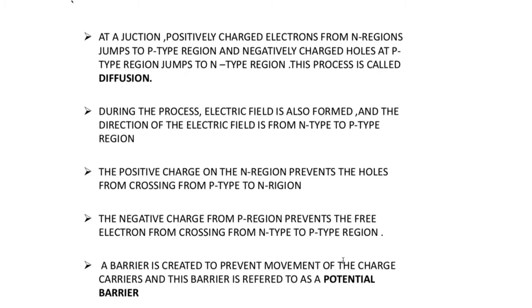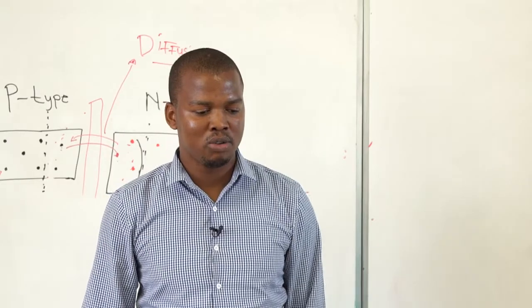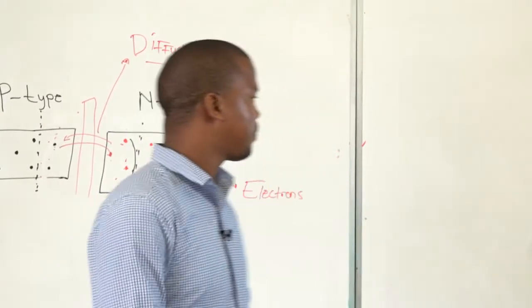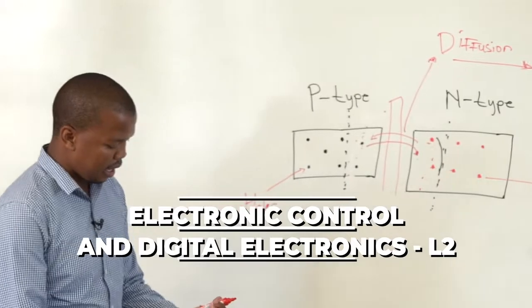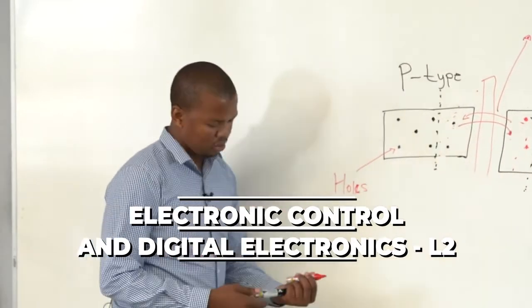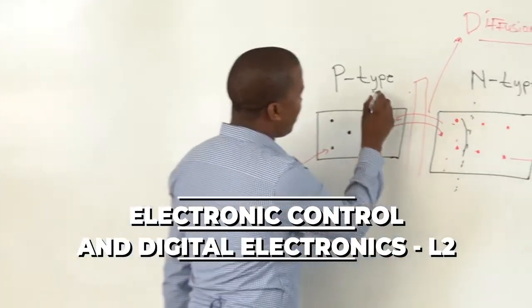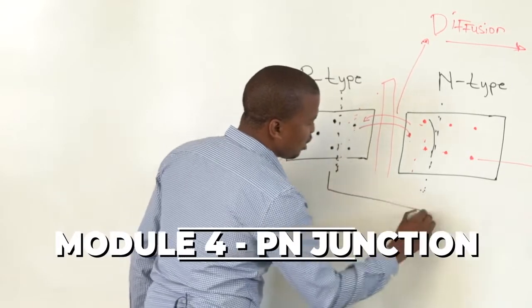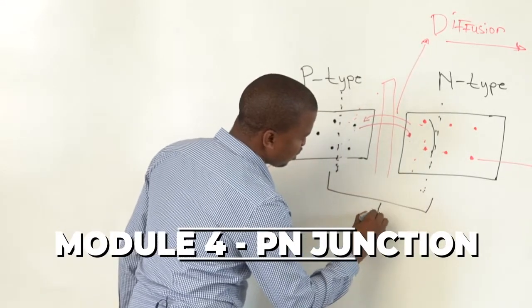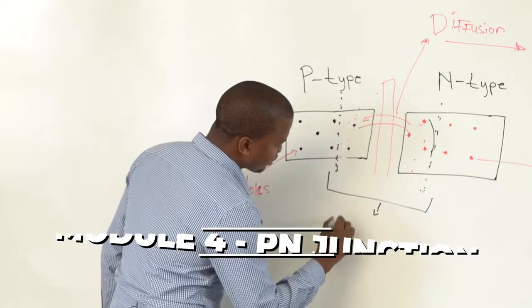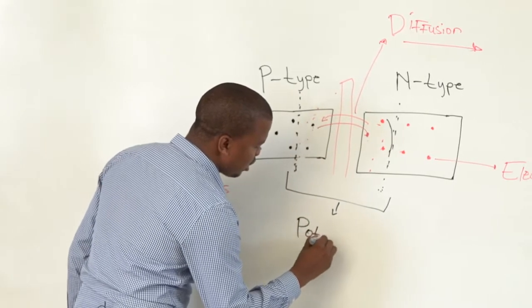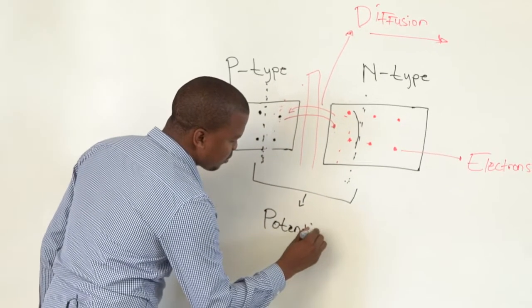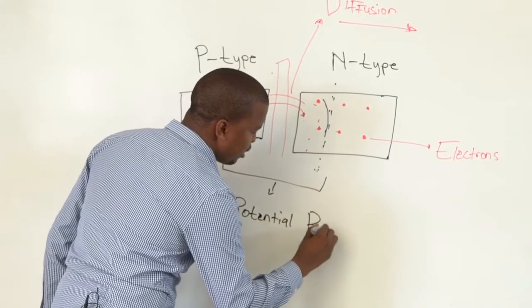A barrier is created to prevent a movement of charge carrier, and the barrier is referred to as a potential barrier. This is the barrier that I am referring to, going back to my board. This barrier will be called potential barrier.